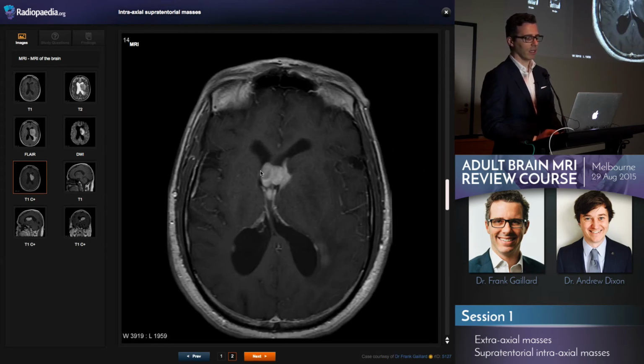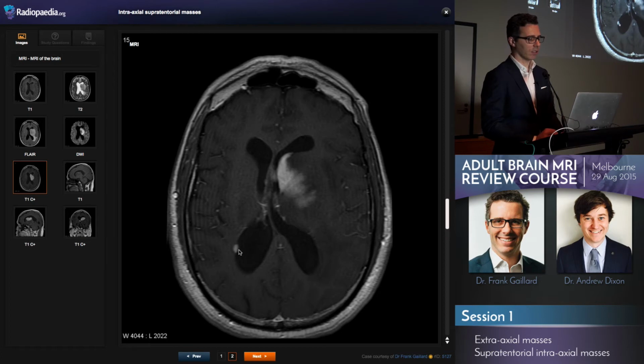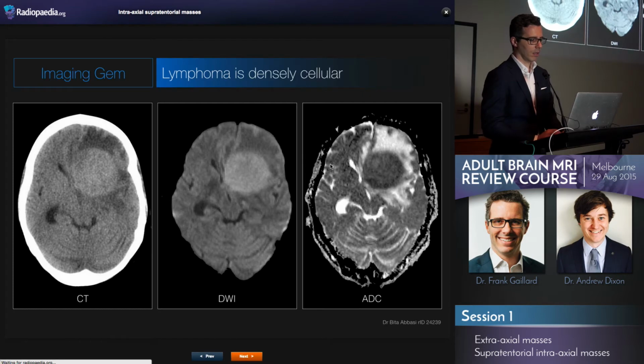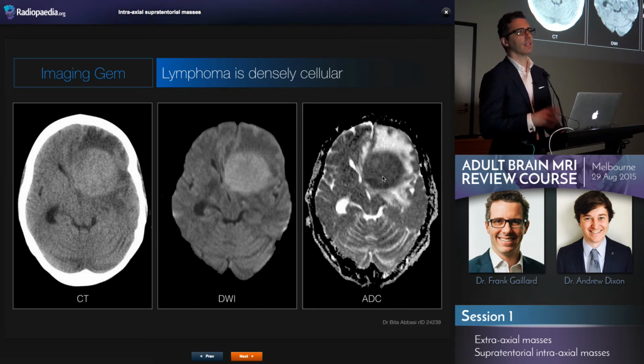Here it's exophytic into the ventricle. We see another focus over here. And because it's so cellular, it has very vivid restricted diffusion, bright on DWI, dark on ADC. This pattern is what you need to remember. Hyperdense on CT and dark on ADC is a highly cellular tumour.